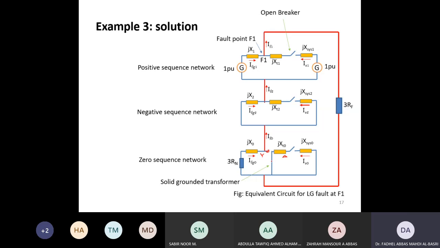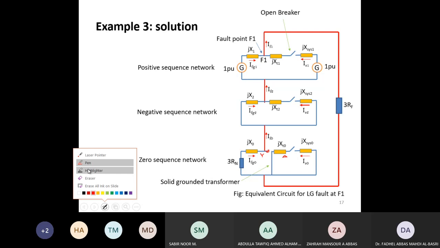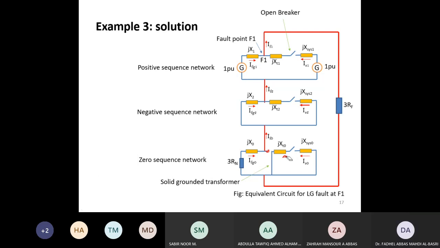Star side, sorry, I'm always drawing it. This is the star side and this is the delta side.